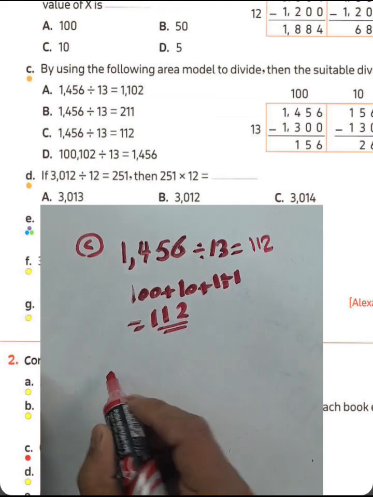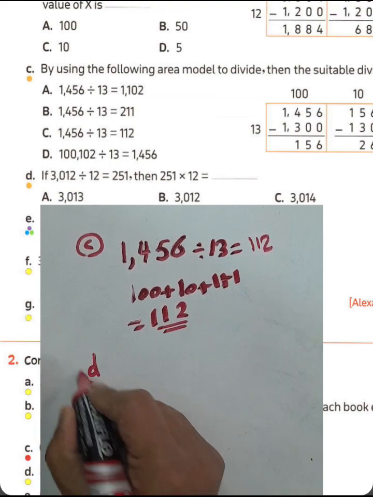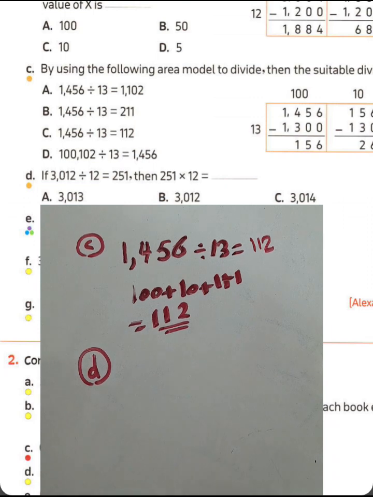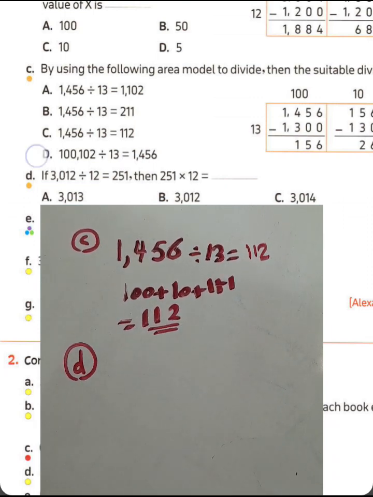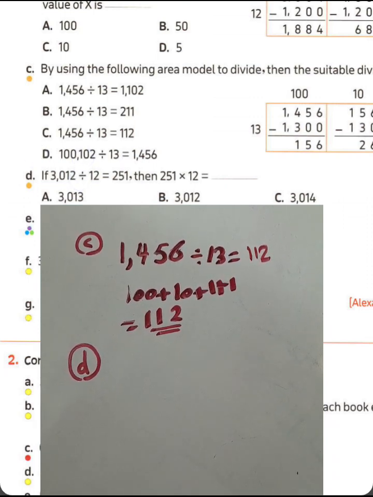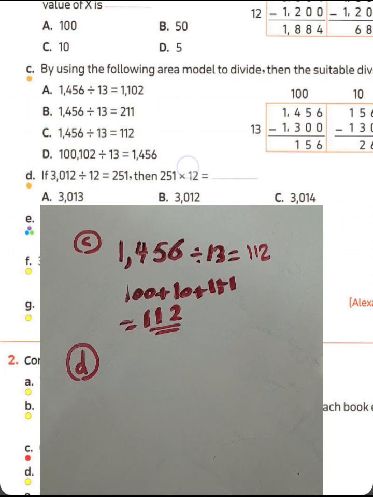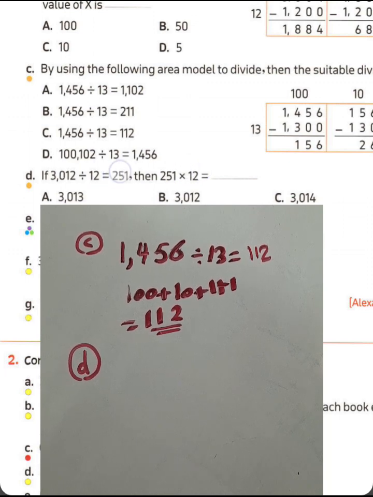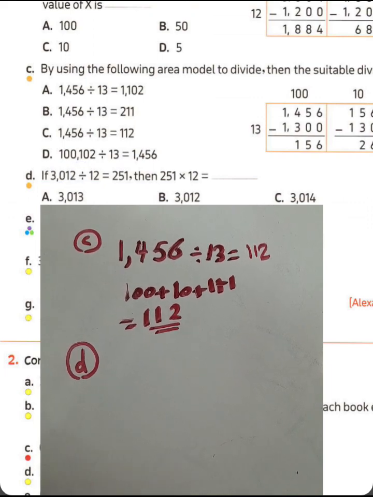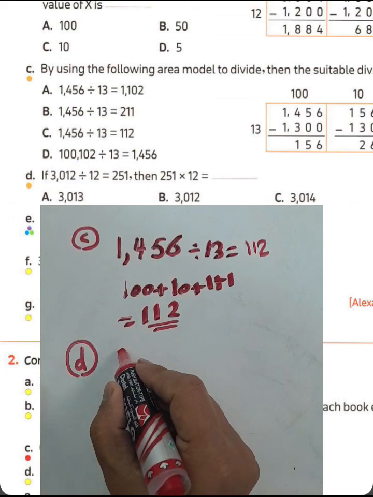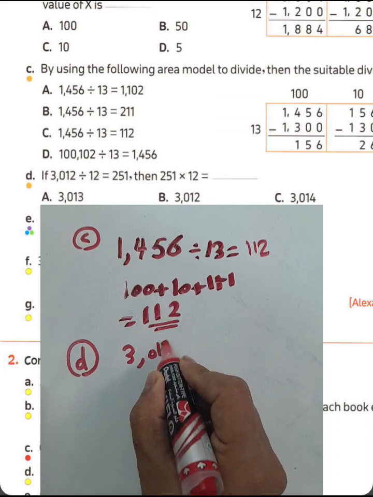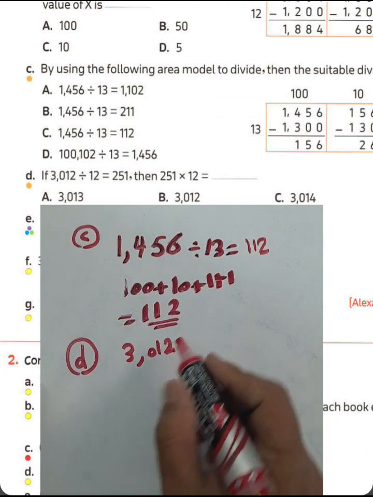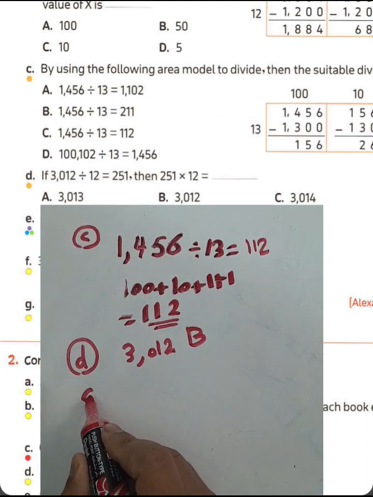Question letter D. If 3012 divided by 12 equals 251, then 251 times 12 equals what? 251 multiplied by 12 equals 3012. So the result here will be 3012. Choose letter B.